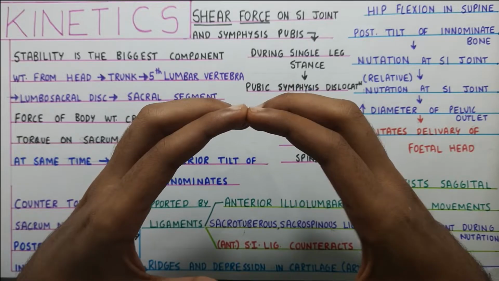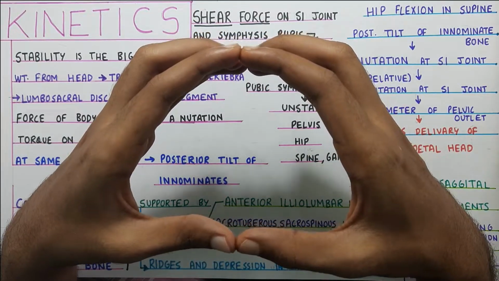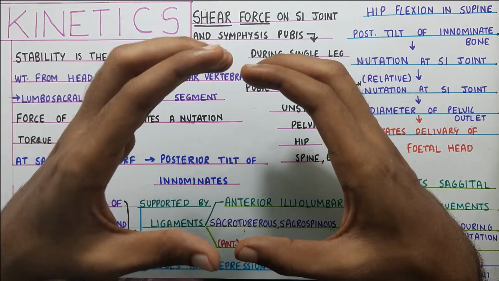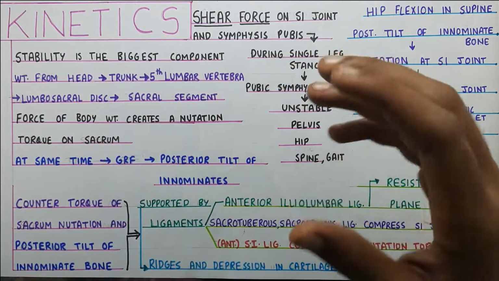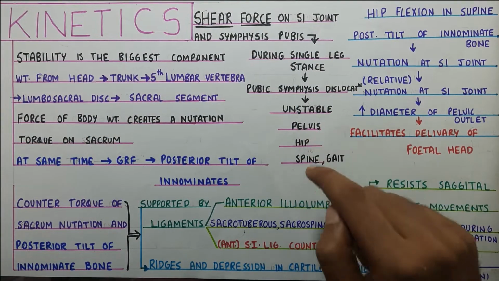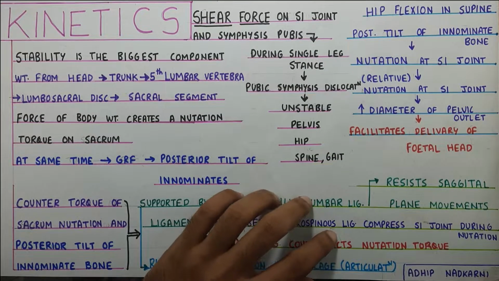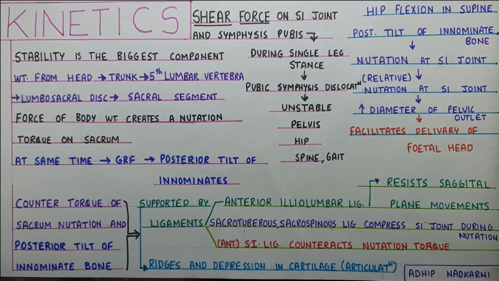Now if there is a disconnect over here in the pubic symphysis, there will be instability due to the shear force that is present, which will create an unstable pelvis, hip and spine, and this will definitely be seen in the gait. So that is how shear force is important in the SI joint.